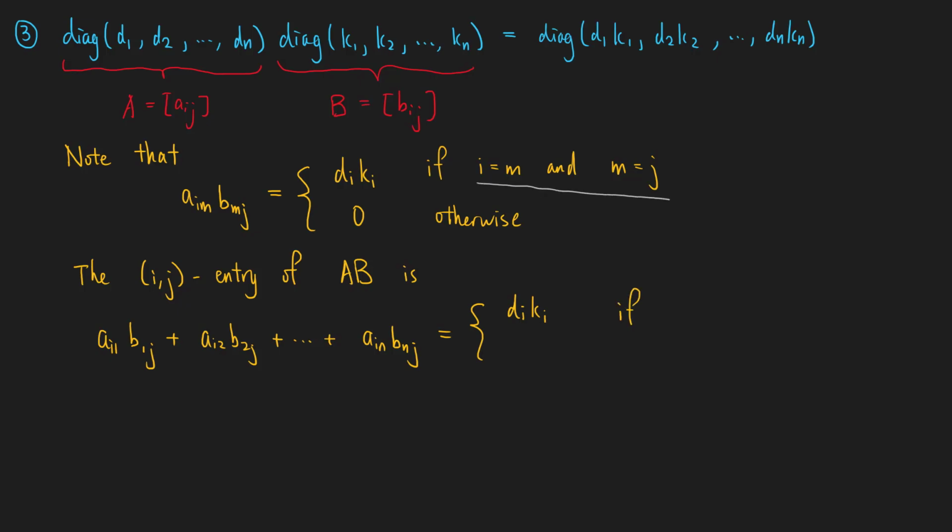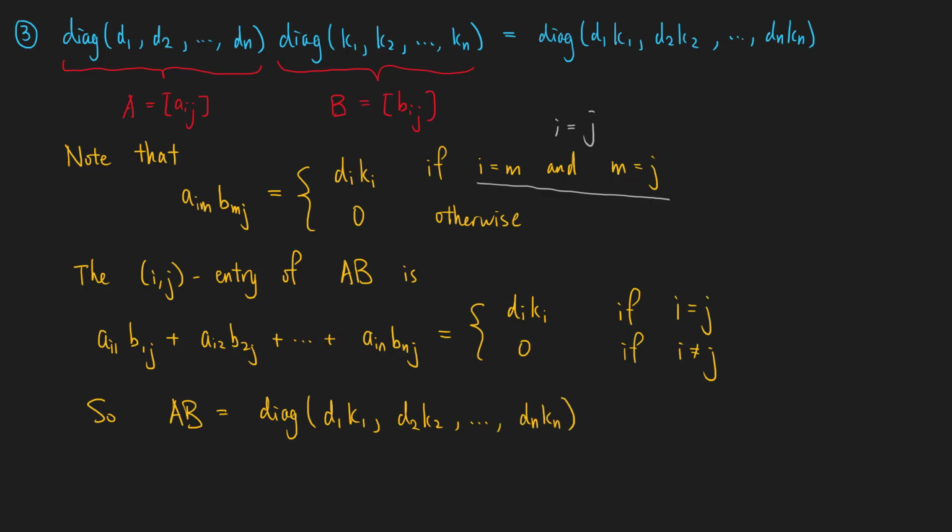Since i equals m and m equals j means that i equals j, the sum is only non-zero if i equals j, and it is equal to di times ki. Hence, A times B is a diagonal matrix with main diagonal entries d1 times k1, d2 times k2, up to dn times kn.